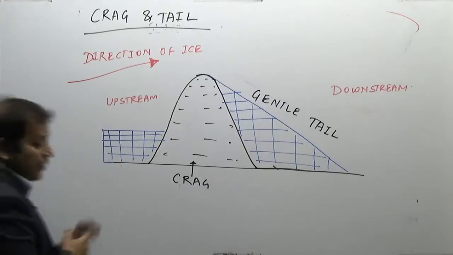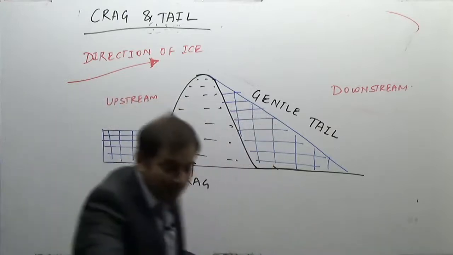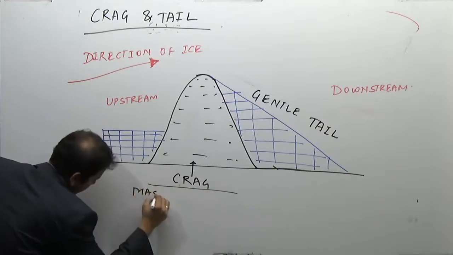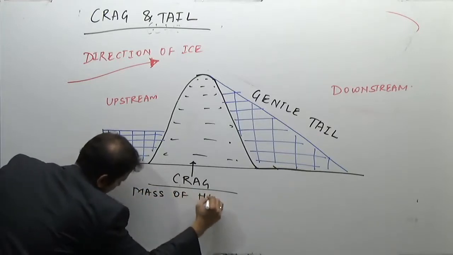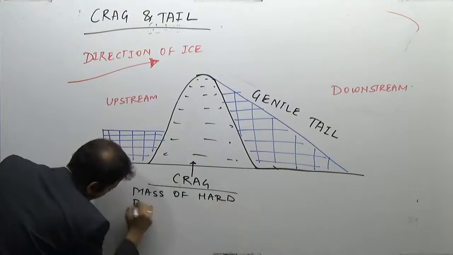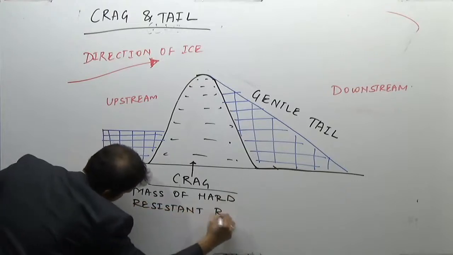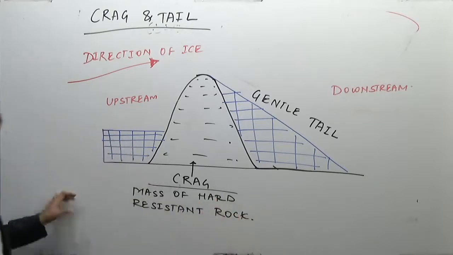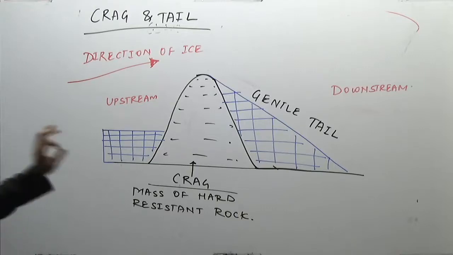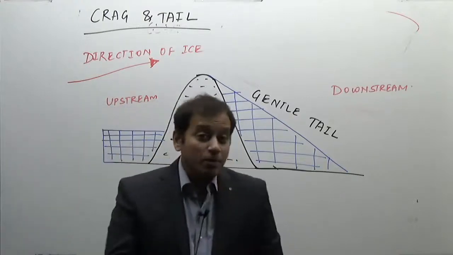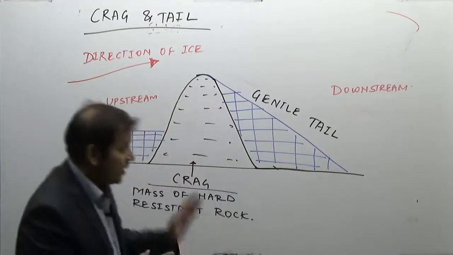So what can we conclude? Crag is a mass of hard and resistant rock, and the tail is a gentle region. Now compare this with the topic we did just before, the Roche moutonnée.